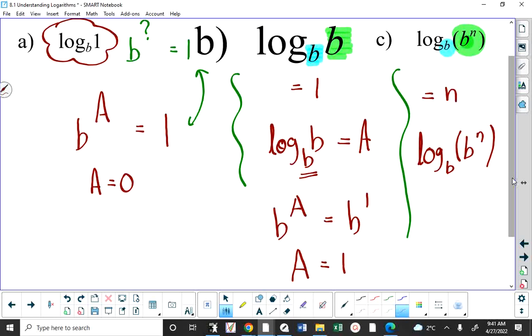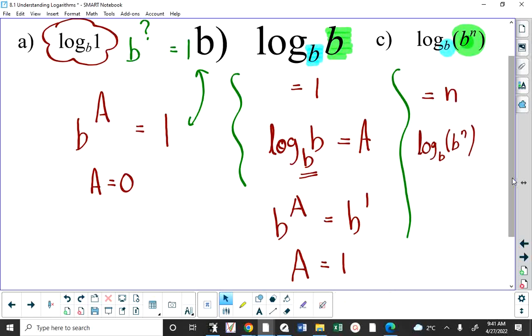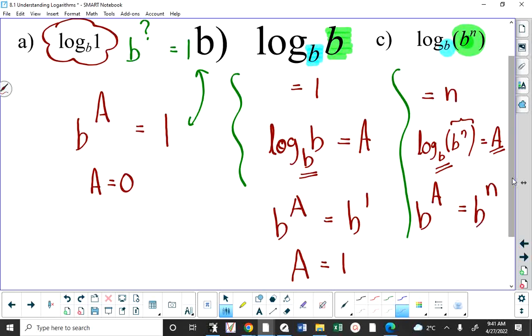You could say that this is equal to a, rewrite it in exponential form, so you take the base raised to the exponent equals what you're taking the logarithm of, and then just compare n and a, and you can see that a and n are the same, which means this logarithm is equal to n. You know, I'll be honest with you.